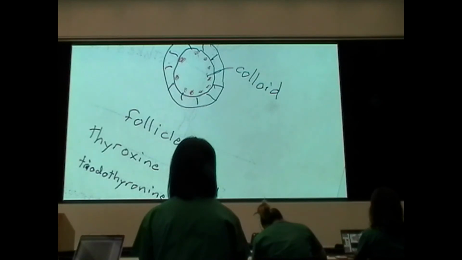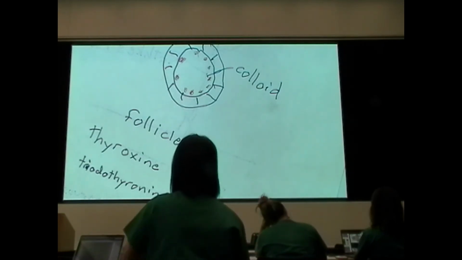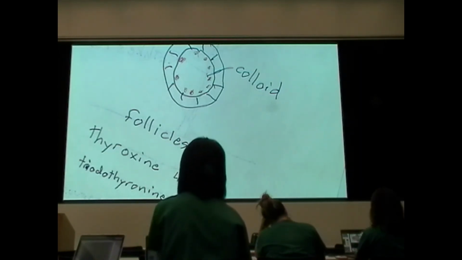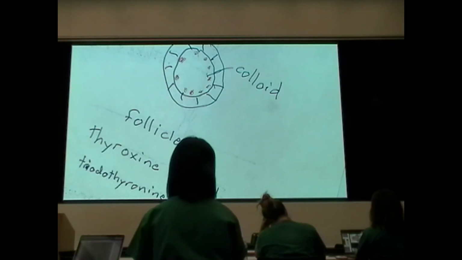It has other effects as well, which we need not get into. Now you can see that a key step in this whole process is the iodination of the colloid, of the thyroglobulin. That means there's got to be an adequate supply of iodine in the diet.